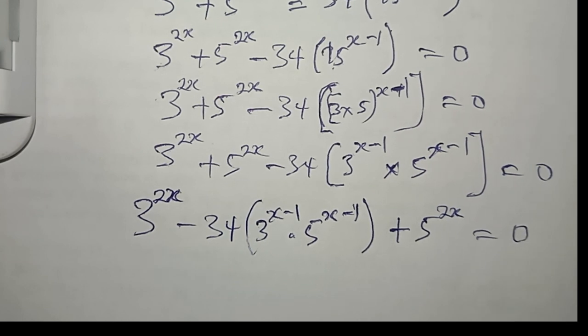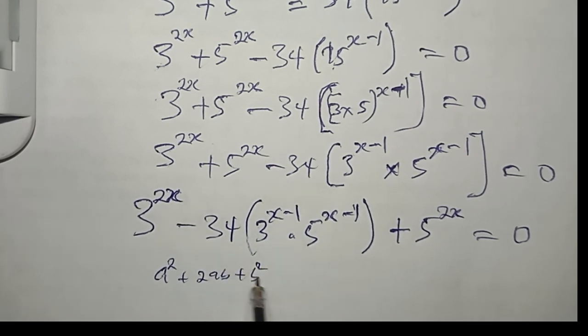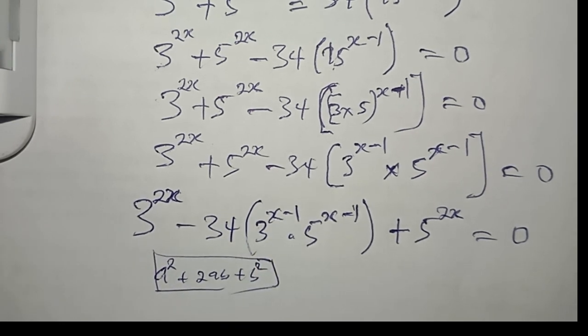So if you watch very well, you can see that there is a way we can manipulate this, and have it look more like a quadratic equation where we have something like a squared plus maybe 2ab plus b squared. So that is actually what we are looking at.